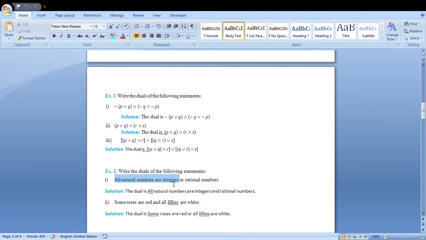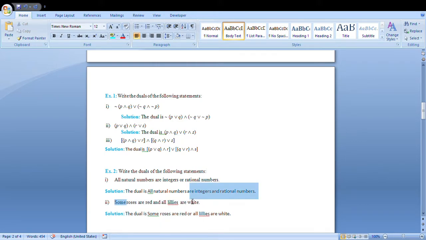All natural numbers are integers or rational numbers. In dual, we have to convert only or and and. So in the place of or, write and. So the dual is all natural numbers are integers and rational numbers.